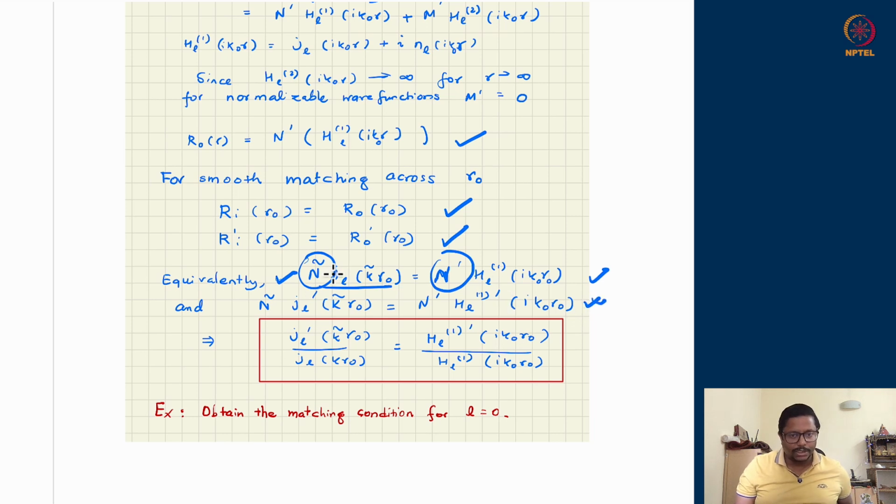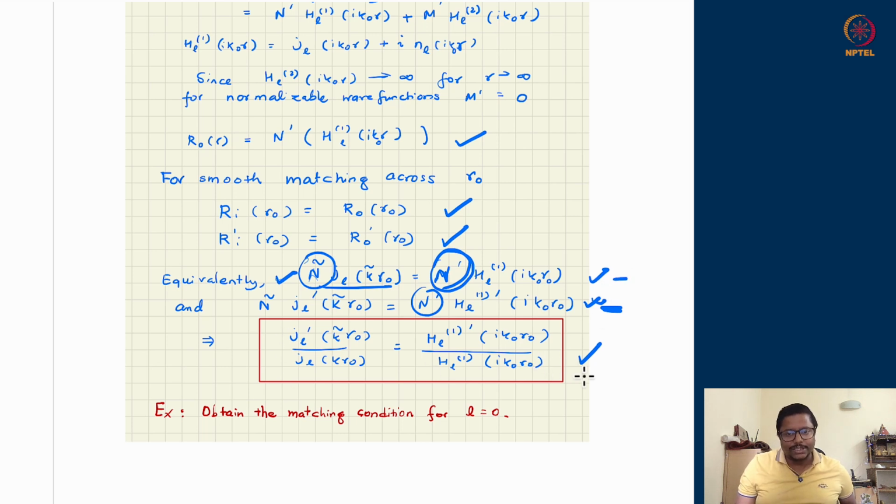What you can do, you can either convert this n prime as n tilde JL divided by HL1 and put it here, and then n tilde on both sides will cancel and you will get this equation. That is just taking care of the normalization which is appearing. Or you can just simply divide equation number 2 by equation number 1 and you will get this equation.